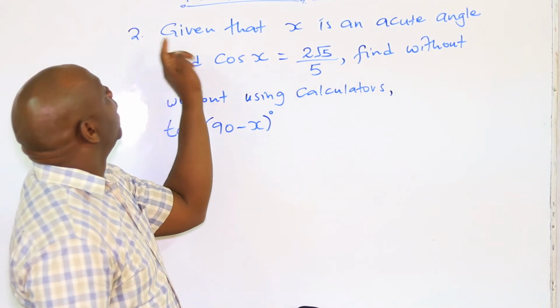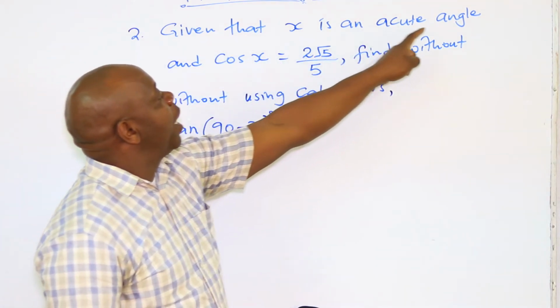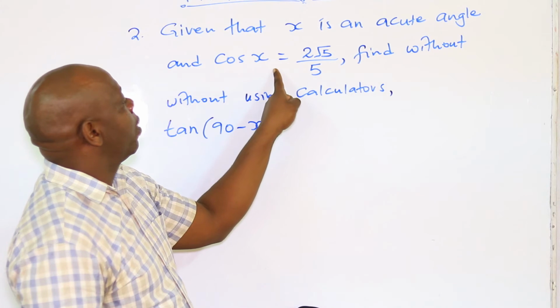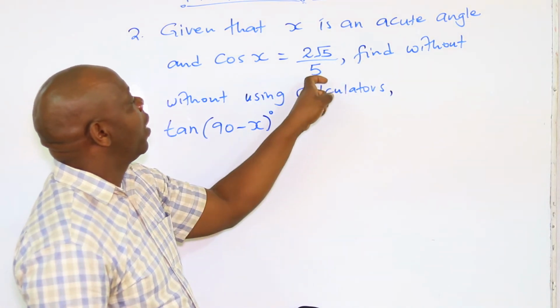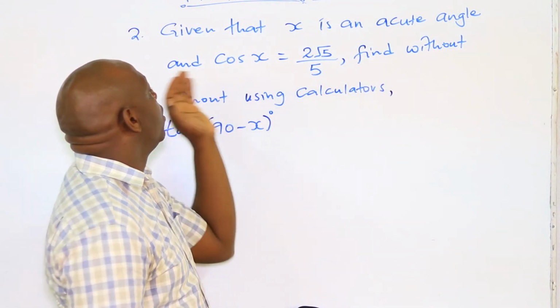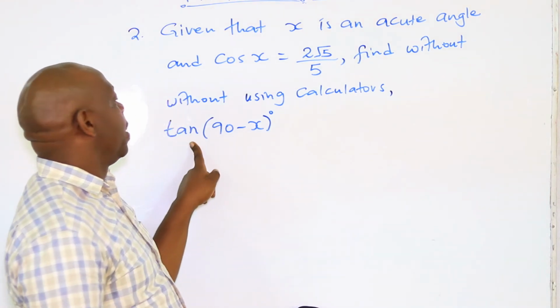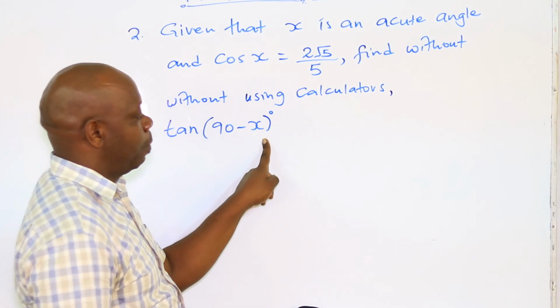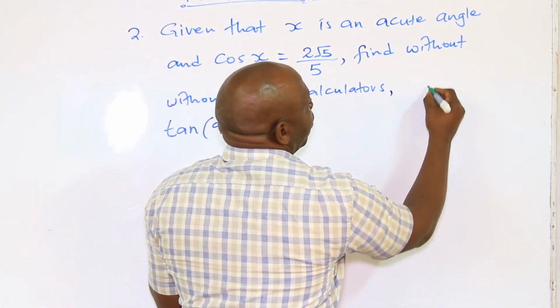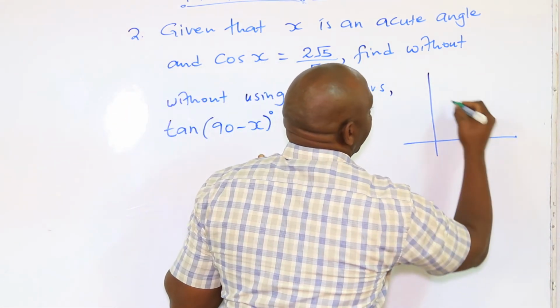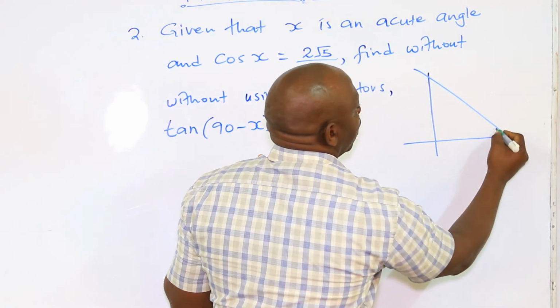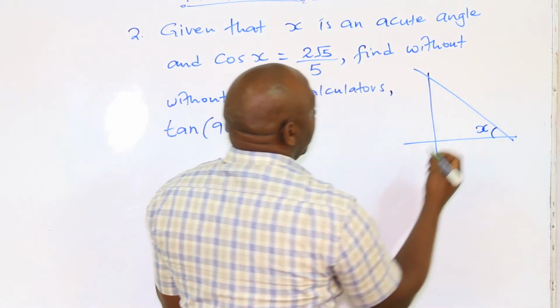On to number 2. Given that x is an acute angle and cos of x equals 2 root 5 over 5, find without using mathematical tables or calculator tan of 90 minus x. So if you have your right angle triangle here, then you're told that this is x.